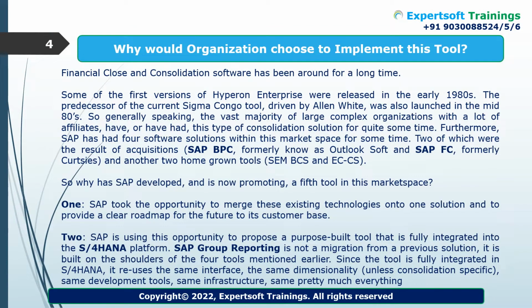The main reason SAP is promoting it is that it is integrated on the platform of SAP S4HANA. As you all know, S4HANA is the emerging tool being promoted by SAP, so SAP group reporting is part of S4HANA. That is one thing.